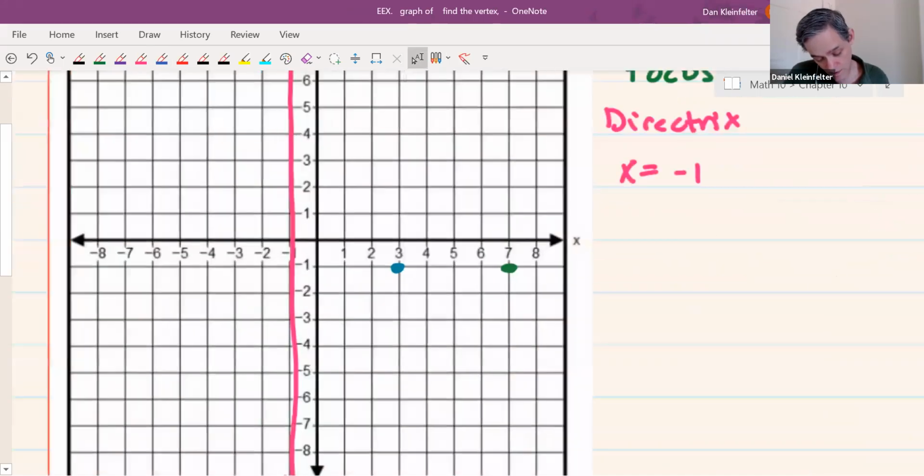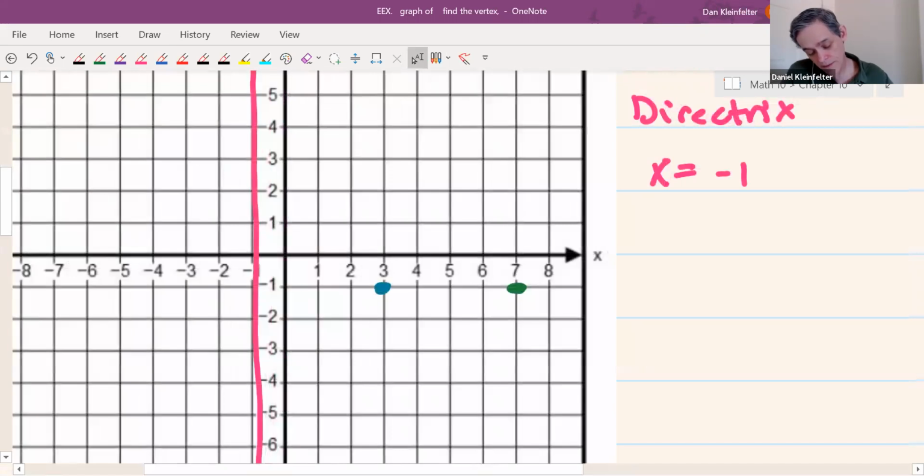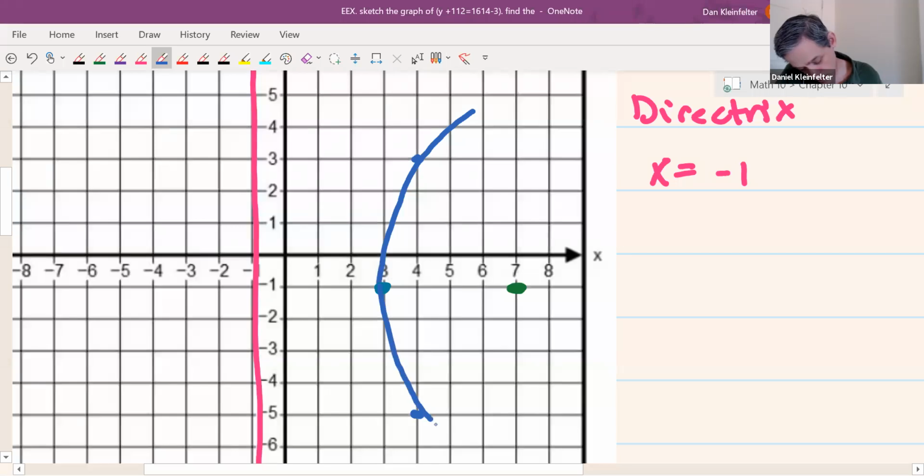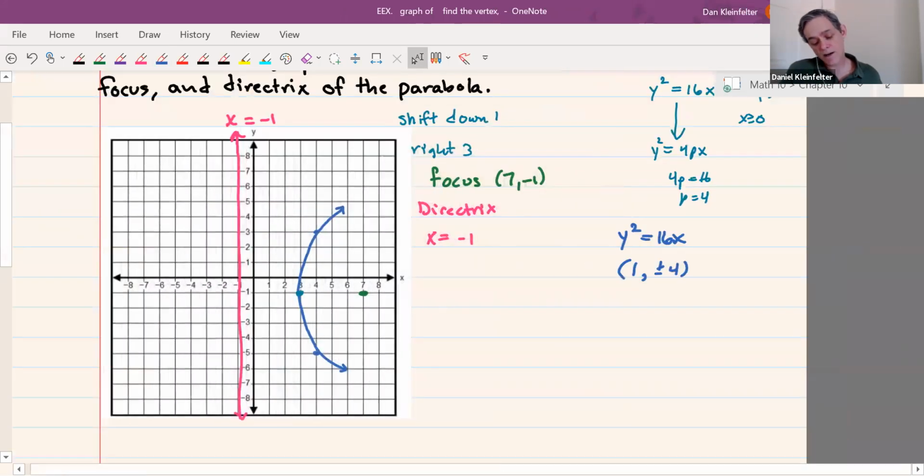Back to our picture. Let me go to the right by 1 and up 1, 2, 3, 4. To the right 1 and down 1, 2, 3, 4. All right, so there's our graph of our parabola.